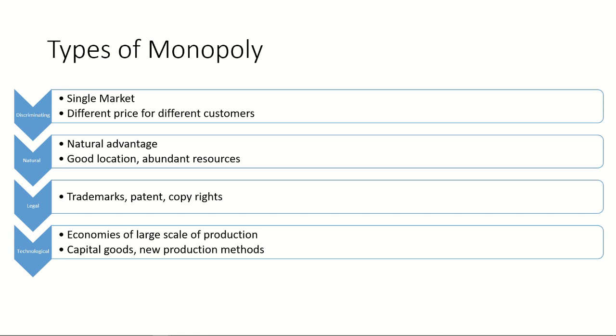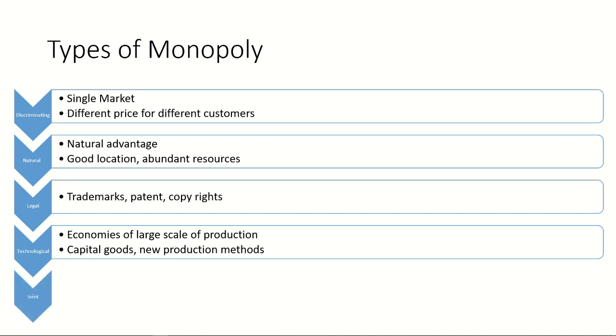If only one firm knows about a particular technology, then that single firm may constitute a technological monopoly. Some firms have capital goods and new production methods, and due to these they achieve economies of large scale of production.